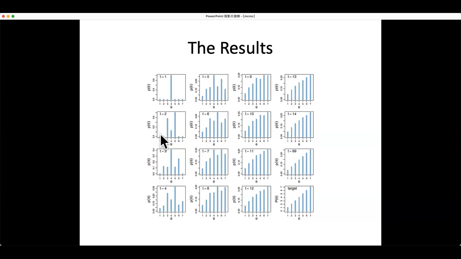So the result is 3 divided by 8, somewhere near 0.4 but not exactly. I think it's 0.375 if I remember correctly.